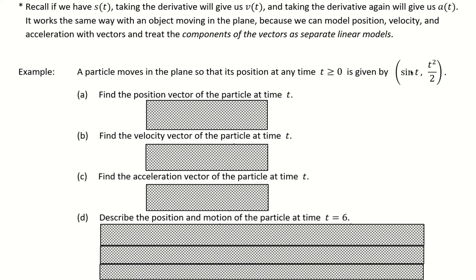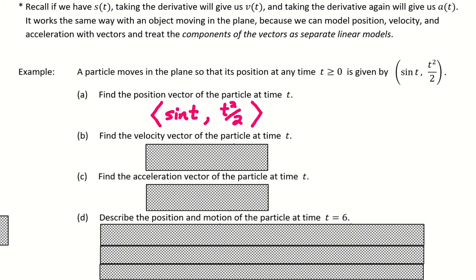So this is the position, okay? It's based on the sine of t comma t squared over 2. So the position vector, you could just say is actually the same thing, because if that's literally the coordinates, find the position vector.